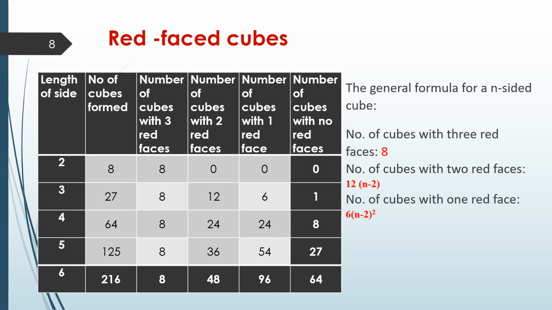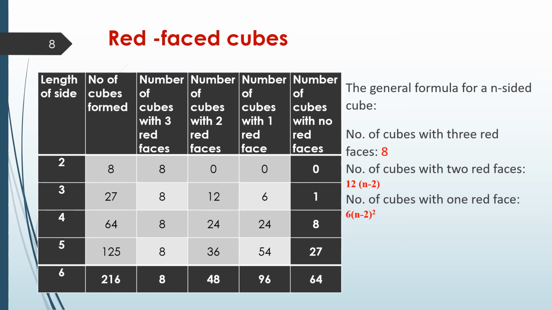There is an increase of 12. So the formula should start with 12 into something: 12 into 0, 12 into 1, 12 into 2, 12 into 3. From this they can find the general formula as 12 into n minus 2.